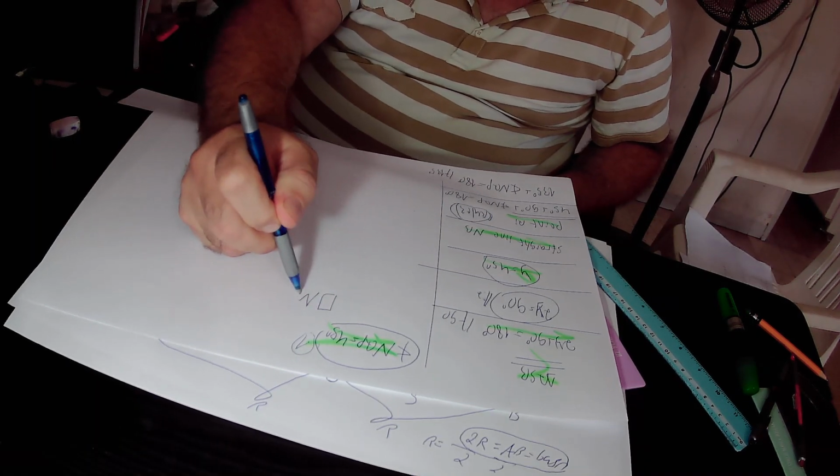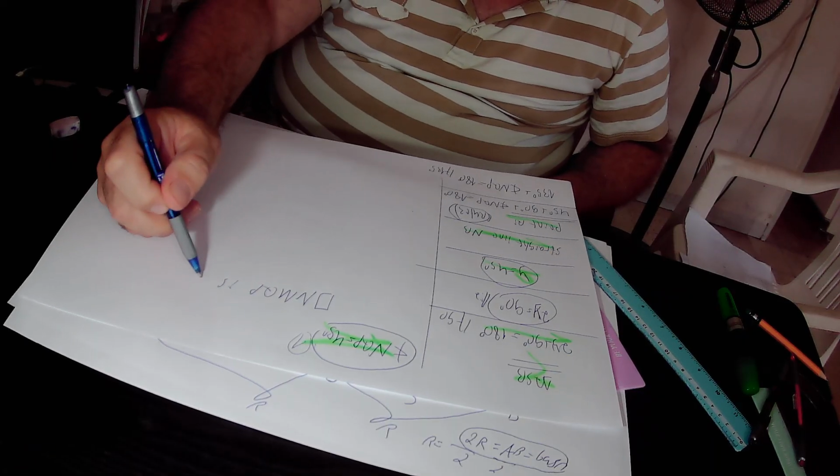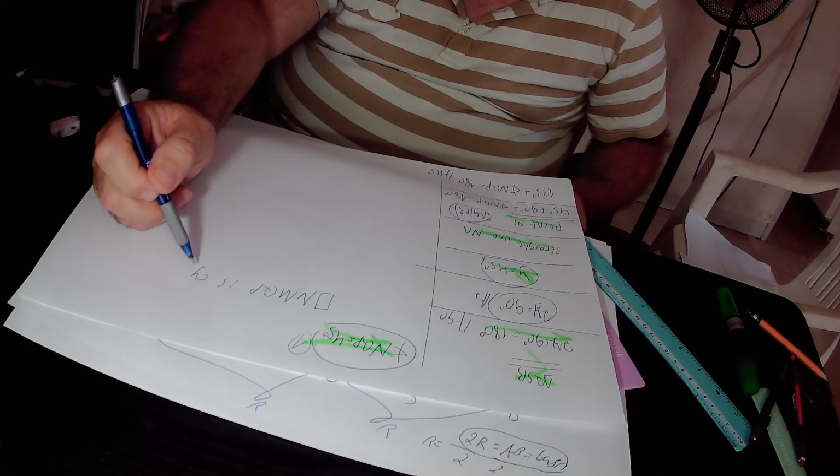Quadrilateral NMQP is a cyclic quadrilateral. That is to say, it can be inscribed by a circle, it can be blocked by a circle.